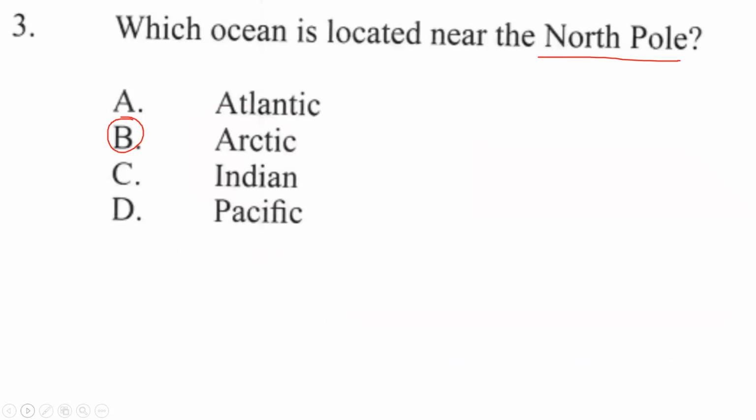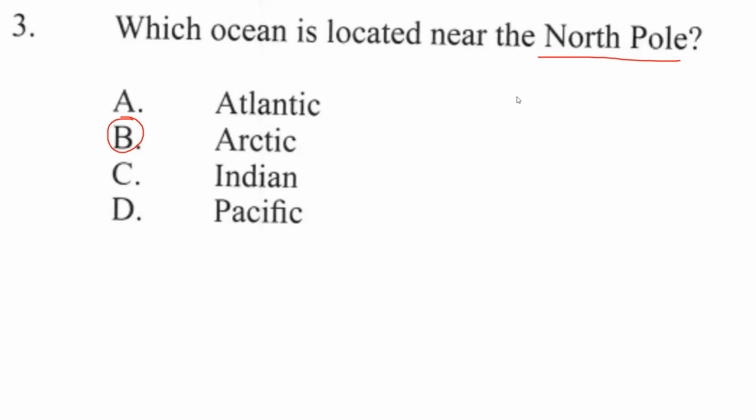Number 3, Destiny. Which ocean is located near to the North Pole? A, Atlantic, B, Arctic, C, Indian, D, Pacific. Okay, say the answer.